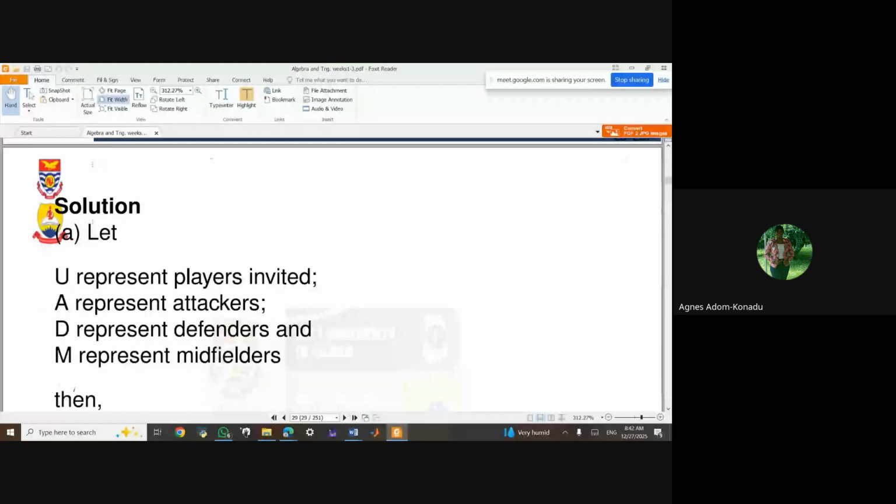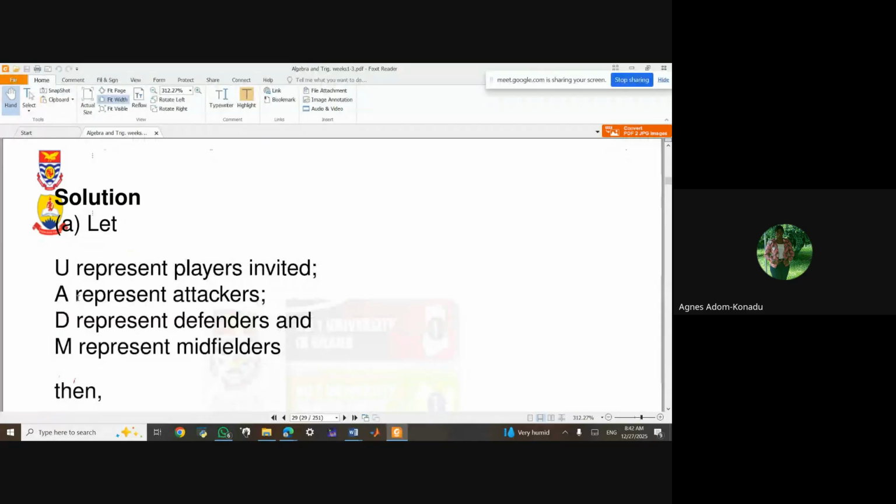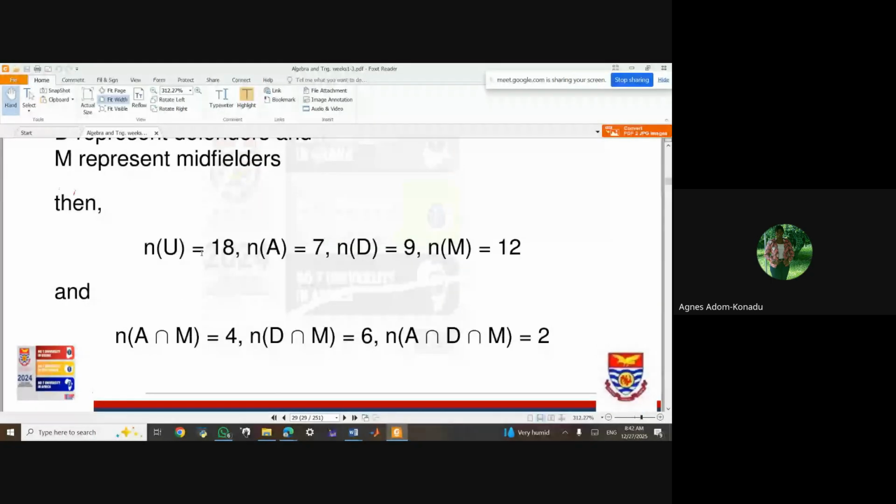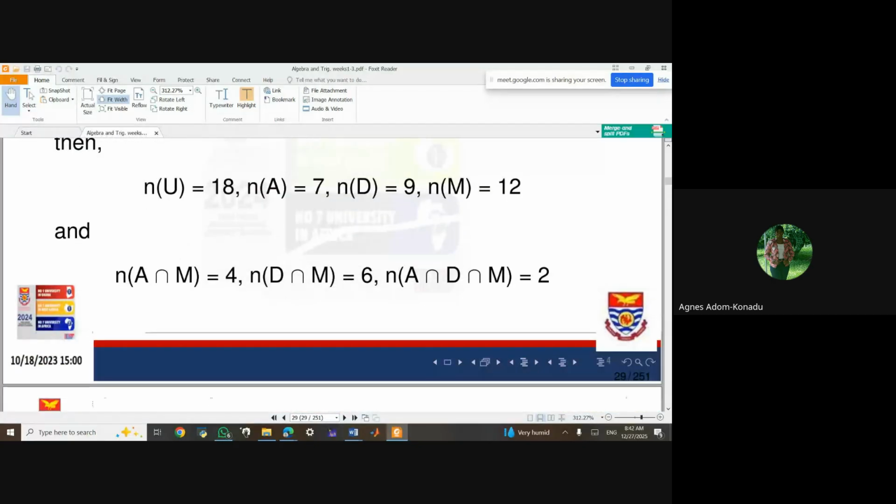Okay, so we are using U to represent the universal set, A for attackers, D for defenders, M for midfielders. And then we are told that the total number is 18. The attackers were 7, the defenders 9, and the midfield 12. And then we were told that 4 can play both attack and midfield, and then 6 for defense and midfield, and then 2 can play all. Okay.